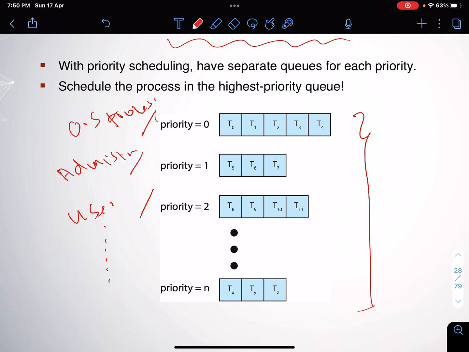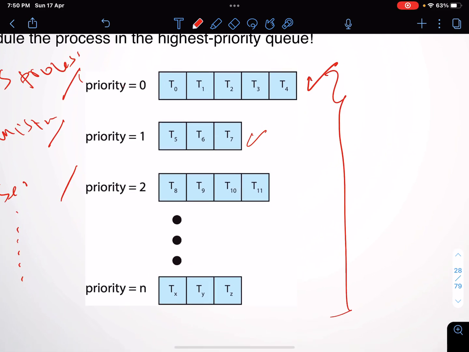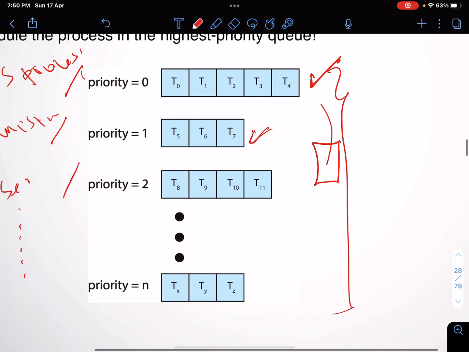So a process coming to the system, if it's priority 0, it will go here. If it's priority 1, it will go here, and so on. Of course, priority 0 will execute before priority 1, and so on. With a single processor, the processor will be dedicated to the priority 0 queue.